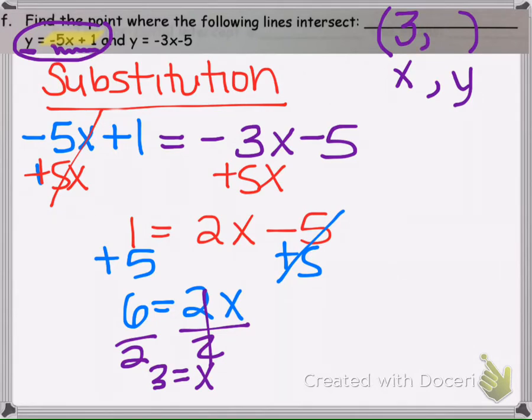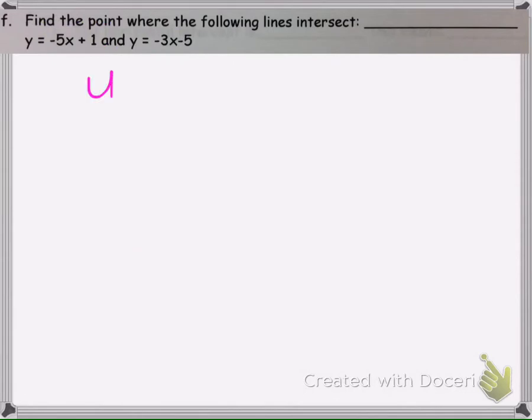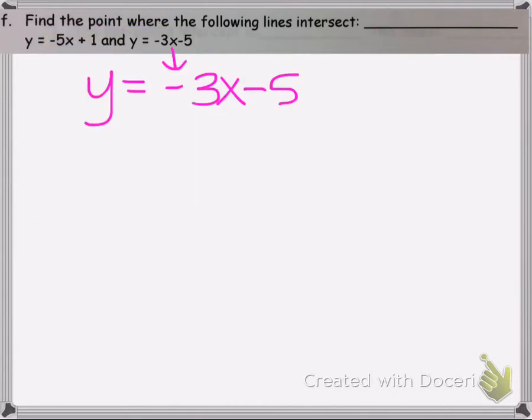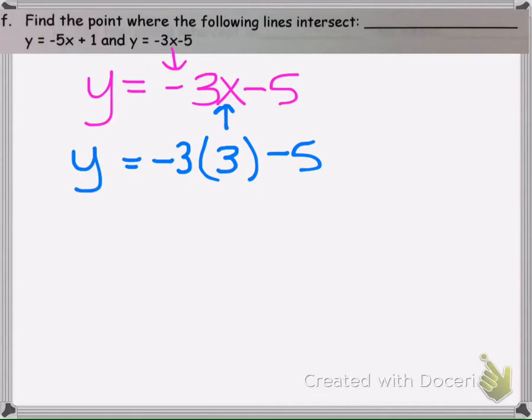Now to find our y value, we're going to pick one of the equations. It does not matter which one. So I'm going to pick y equals negative 3x minus 5. We just got that x is 3, so I'm going to take that 3 and plug it in for x here, and solve for y to get our other variable.